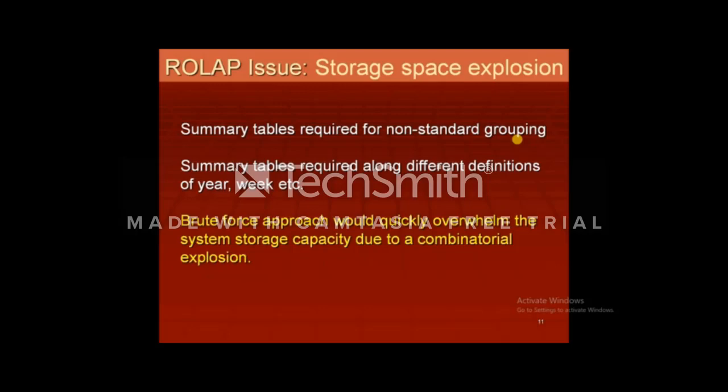With the increase in summary tables, we need more space, and at some point the space becomes diminished, so we need to get more space from the system. We actually need to delete some resources from the data warehouse, which is not a good practice. This line is saying that a brute force approach would quickly overwhelm the system storage capacity due to a combinatorial explosion.